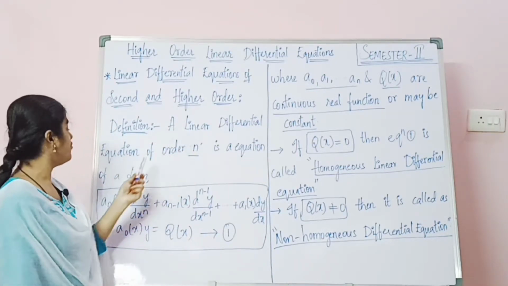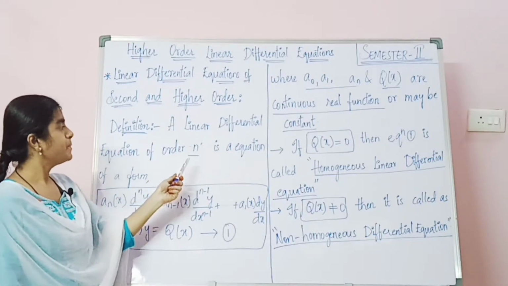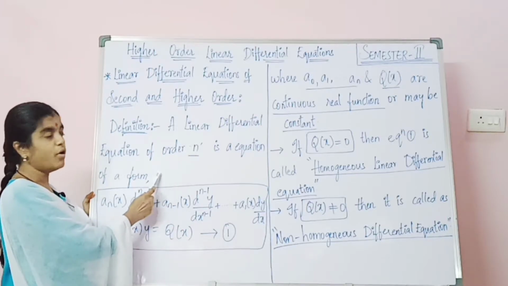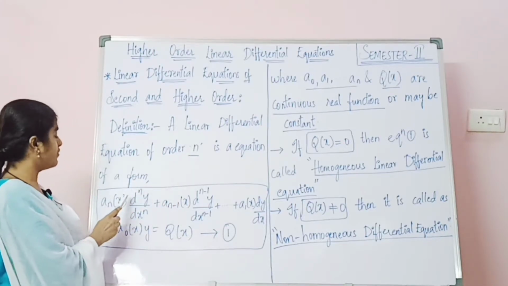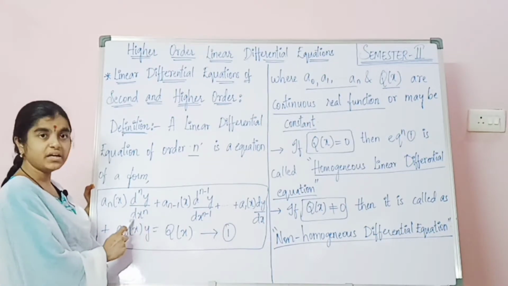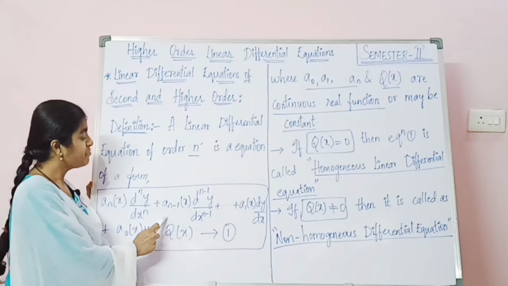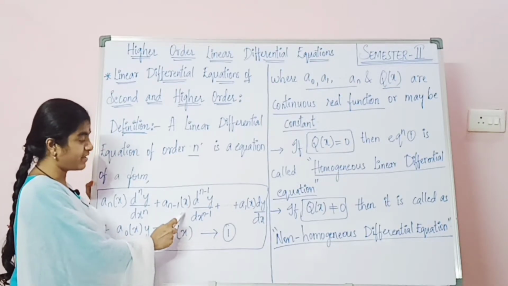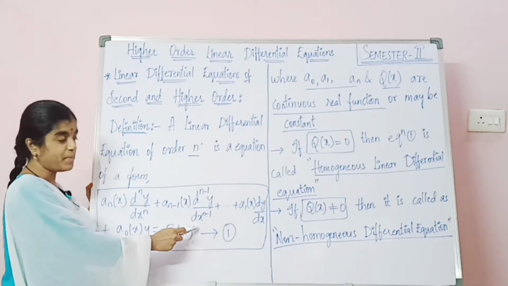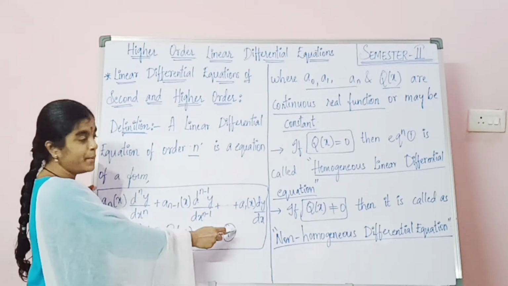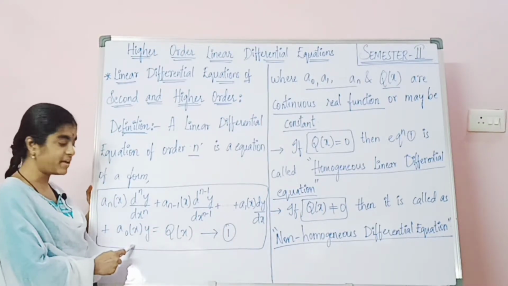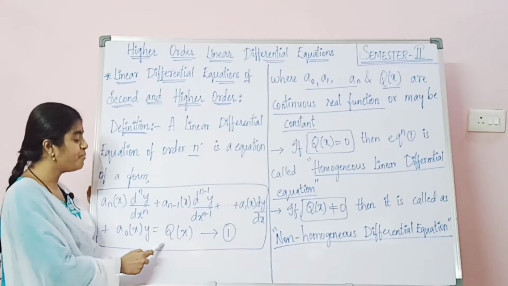A linear differential equation of order n is an equation of the form an of x into d power n y by d x power n plus an minus 1 of x into d power n minus 1 y by d x power n minus 1 plus so on up to plus a1 of x dy by dx plus a naught of x into y, which is equal to q of x.